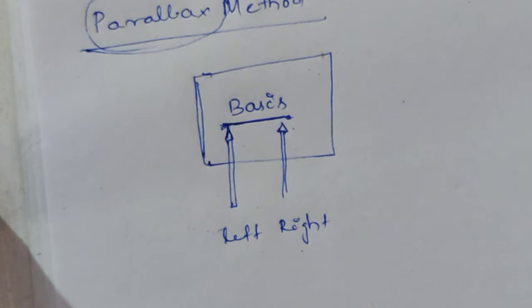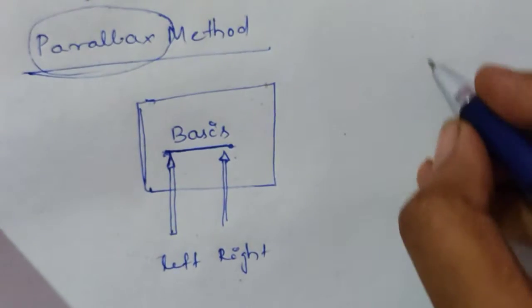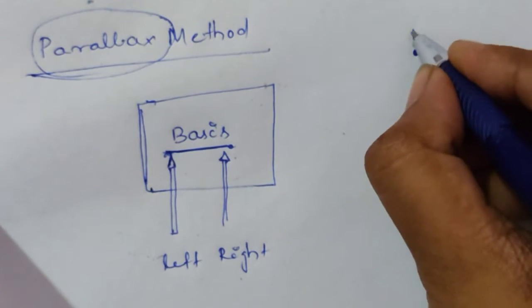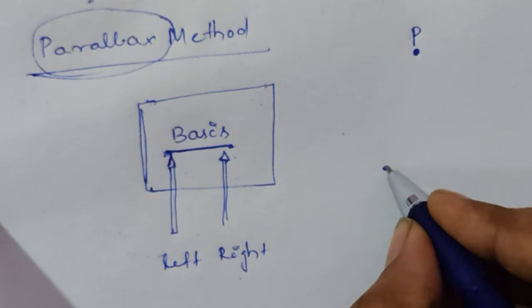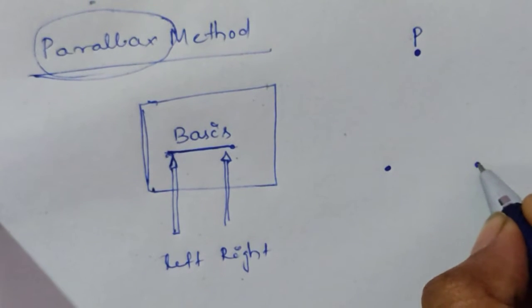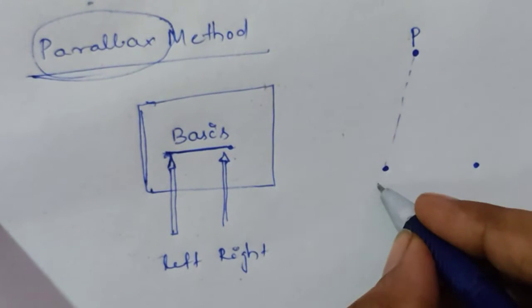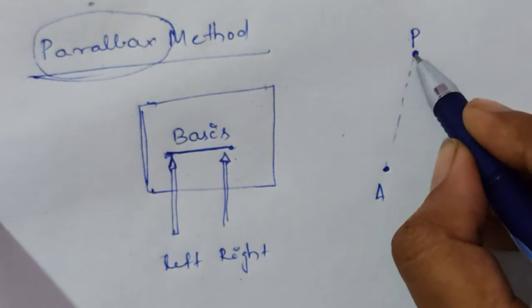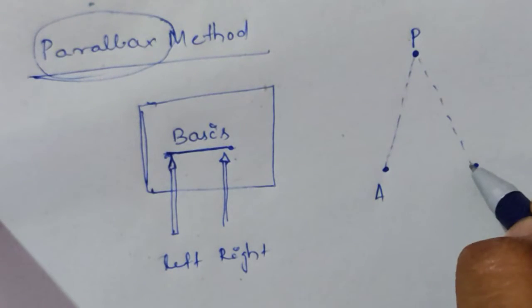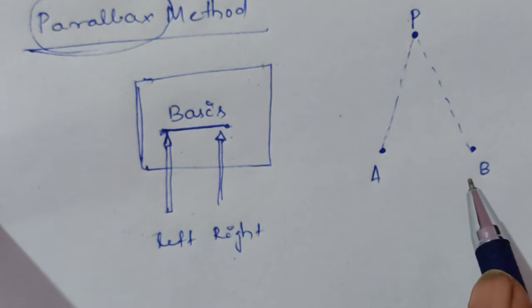Now suppose we are considering one planet which is lying at this point, let it be P, and we are observing it with the parallax method. There will be shifting. Suppose there are two points on the Earth's surface through which we are observing this planet. Let it be point A and point B, at which we are observing the planet P, and there will be a slight shift in the observation point.